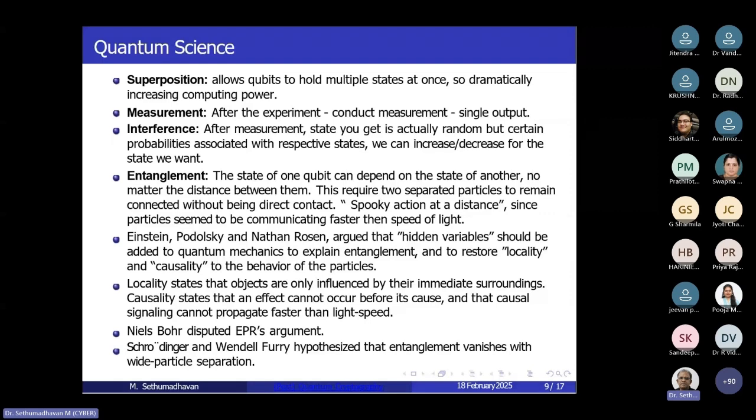Locality means objects are influenced only by their immediate surroundings. Causality states that an effect occurs after its cause, and that a causal signal cannot propagate faster than light. Later Niels Bohr disputed the EPR argument. And Schrodinger and Furry finally hypothesized that entanglement vanishes with wide particle separation. So when particles are widely separated, entanglement will vanish.